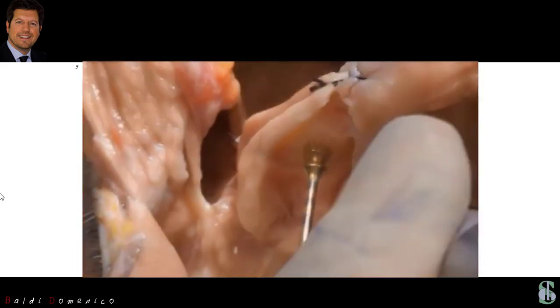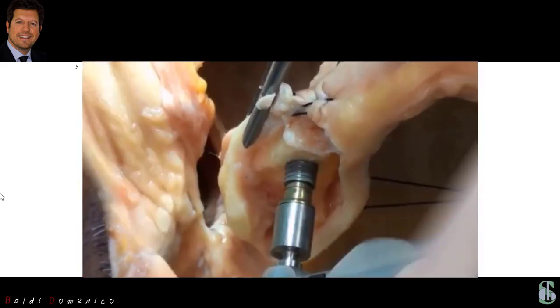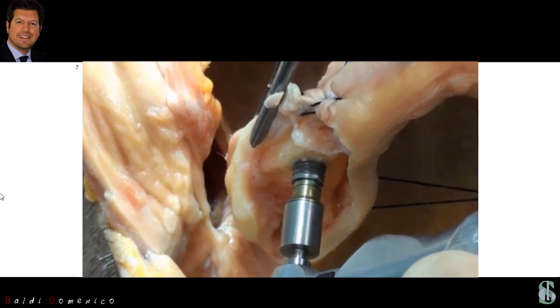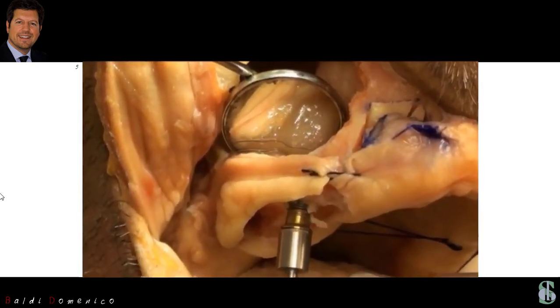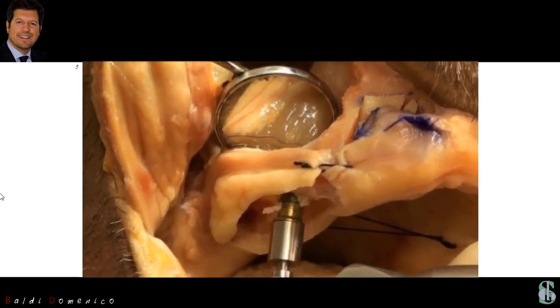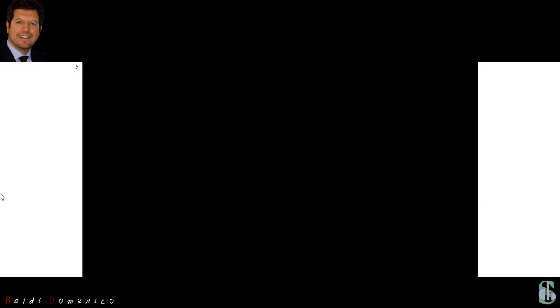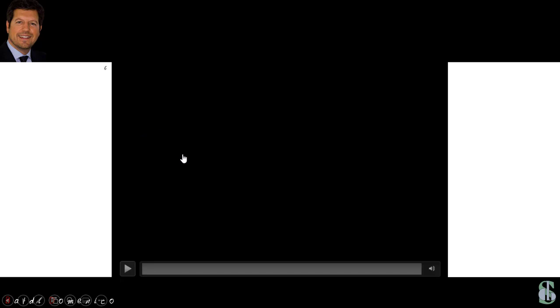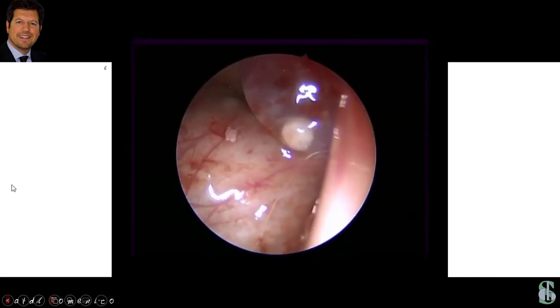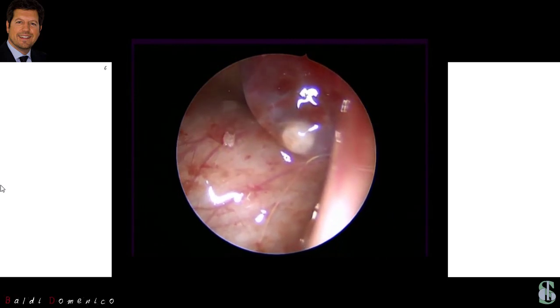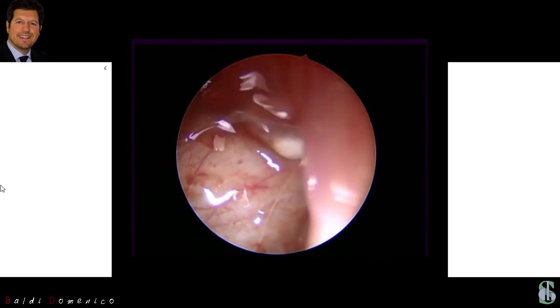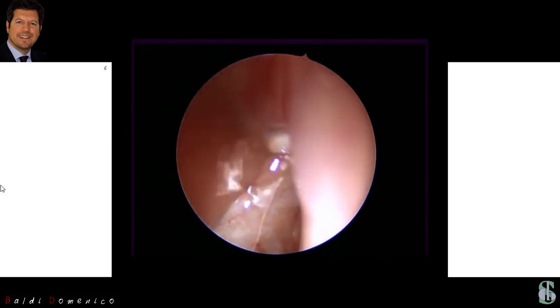But to be honest, we need to have a thick membrane because the pressure of the water is concentrated in one place, and for this reason, at the end of our work, we can obtain a failure of our procedure. In fact, you can see here from the endosinusal view that we work theoretically in a good way, but suddenly we have the perforation of the membrane and we have the failure of our procedure.